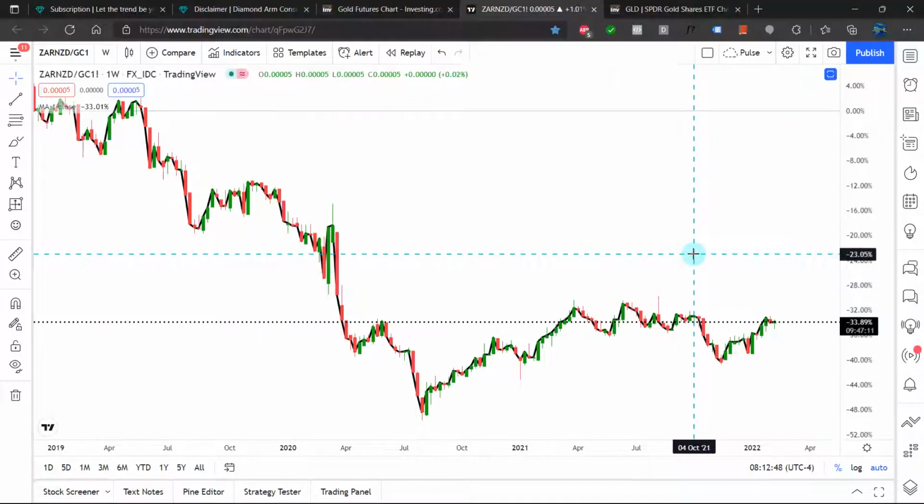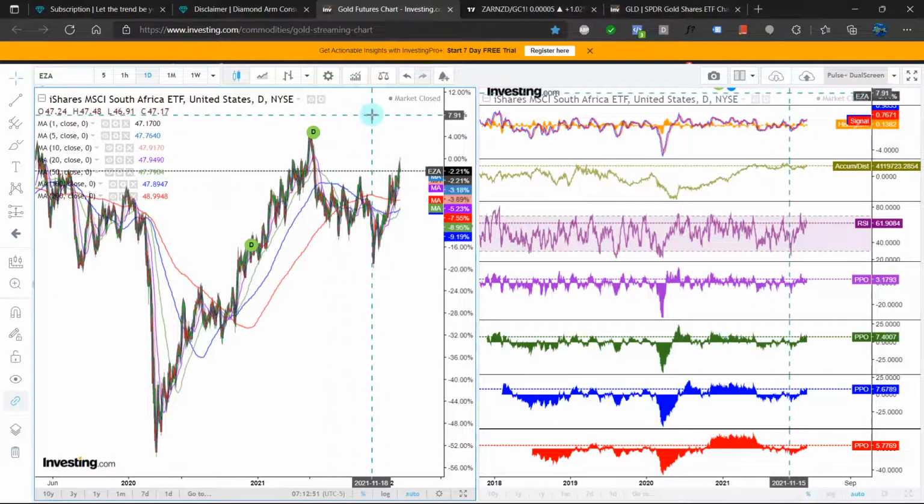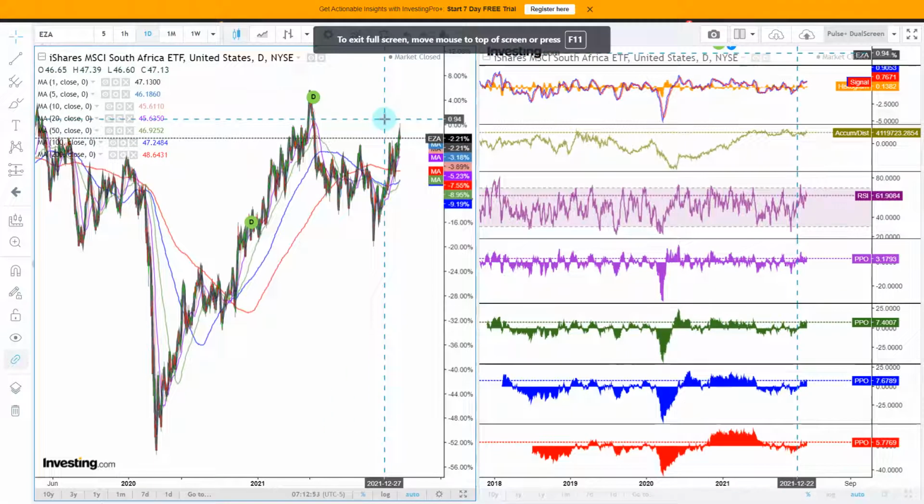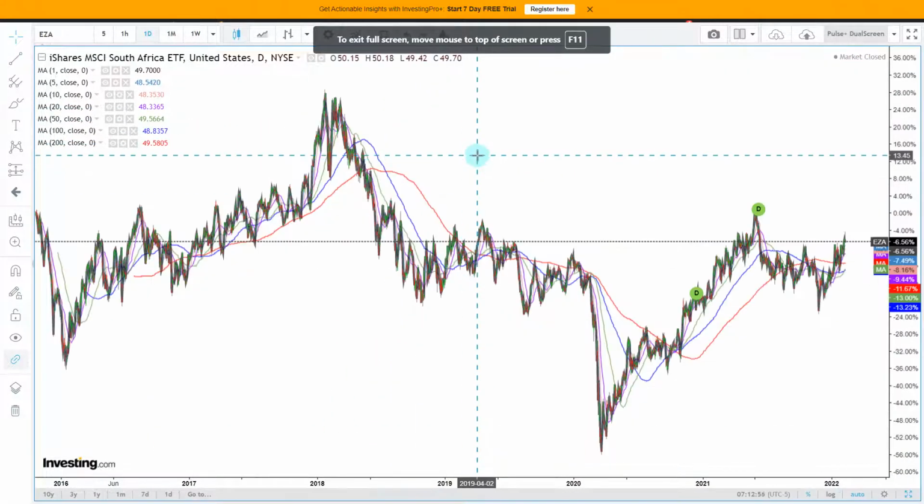Okay, I do see that we have some more time left here, so let's quickly sum up my take. I do think that the technicals favor a more bearish thesis. The seasonality corroborates it, and in terms of the correlations, we did have that correlation here with the South African stock market.